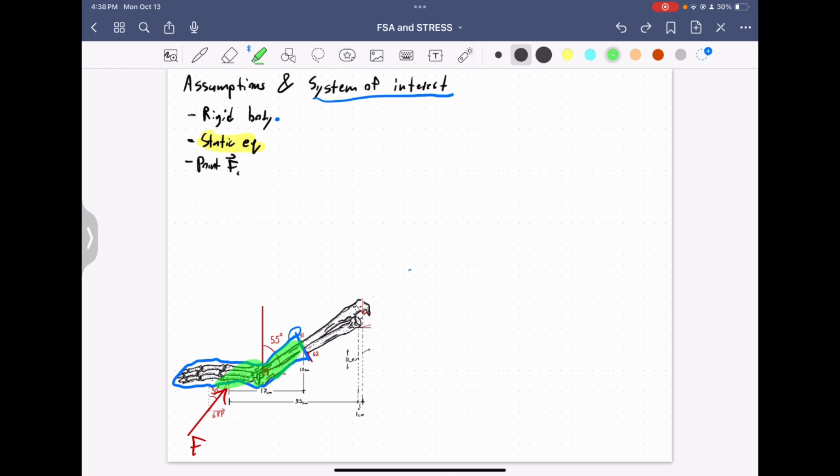So if we have this green section, we know that it's not breaking off, that the arm is intact. So we know, since it's not moving, that there has to be some other force, XY, that keeps it intact, not breaking from the arm.